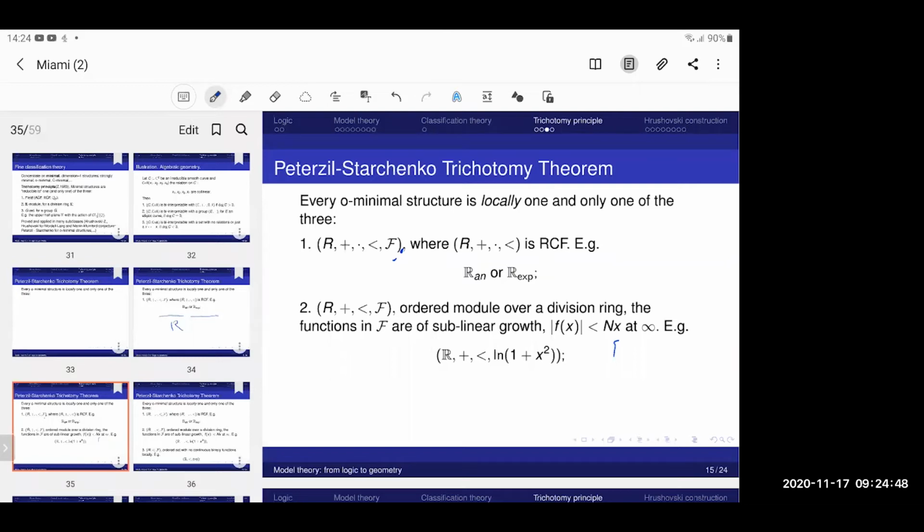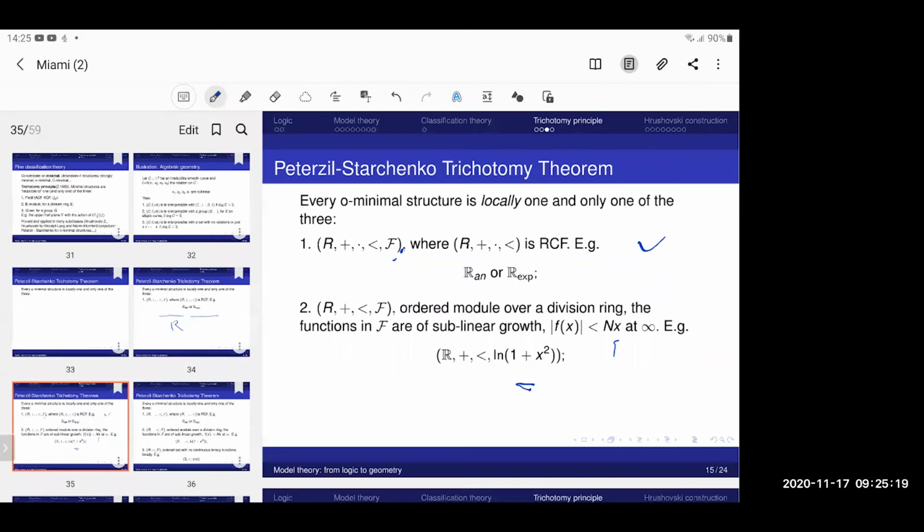Okay, what is very important here is that if this assumption of sublinear growth is not satisfied, so you have some fast-growing functions here, for example exponentiation, then you jump into case 1.